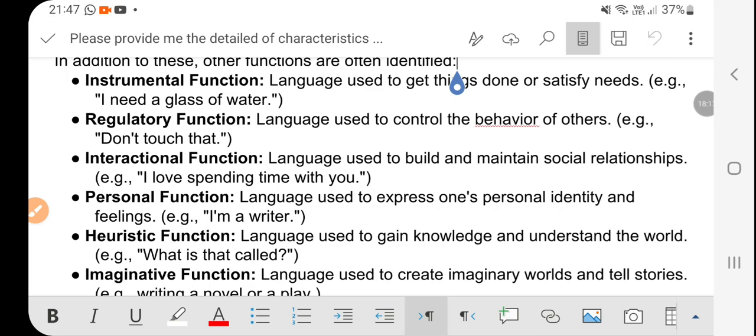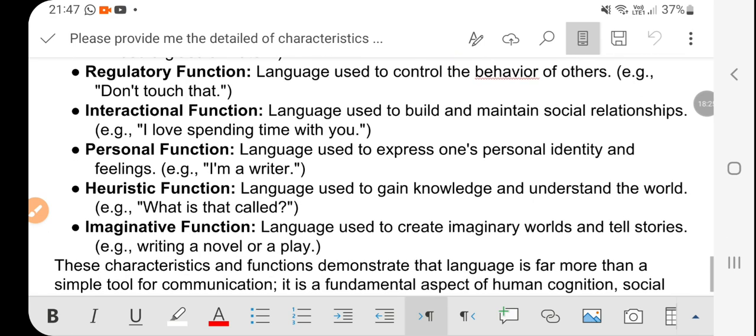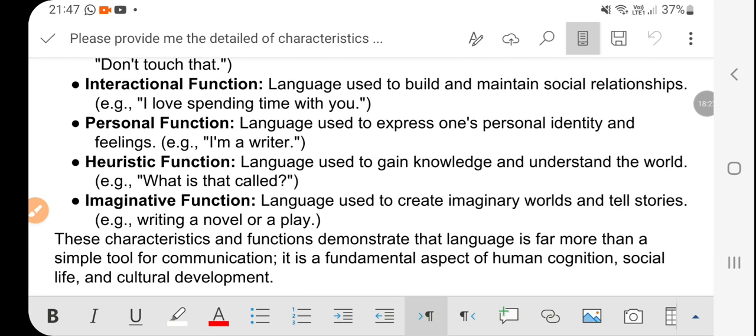Then regulatory, when you are trying to regulate something and you say don't touch it, sit here, don't move, that is regulatory. Then interactional: how are you, I would like to spend some time with you, creates harmony, creates friendship, so that is interactional function.